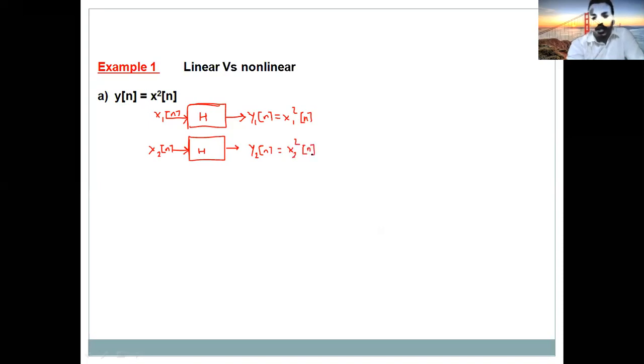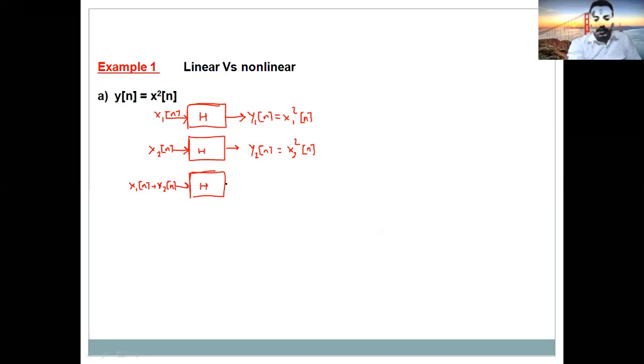Now to check superposition, what we have to do is add the two signals and apply it to the system. This is our system, squaring device. So what will be the summation of the two inputs? x1 of n plus x2 of n. This is when the two signals are added together, superposition.